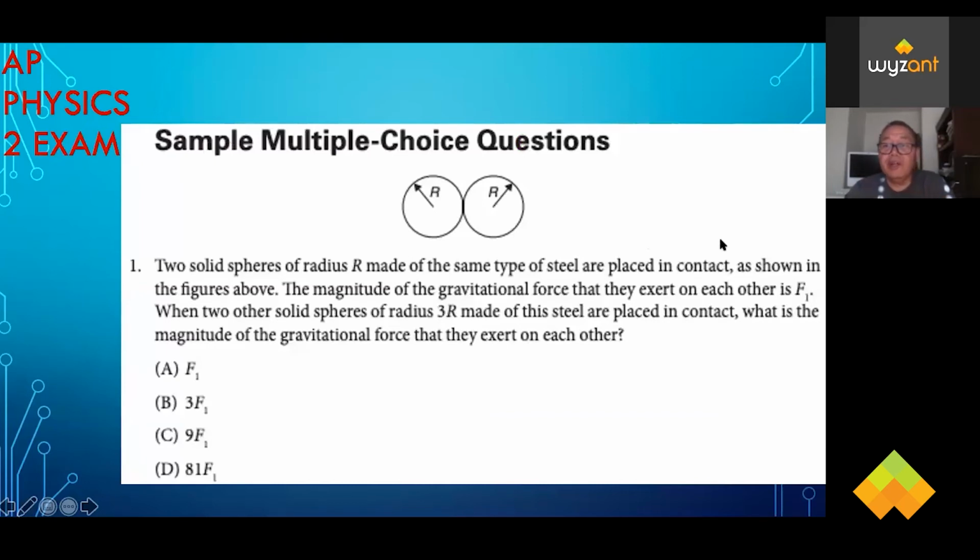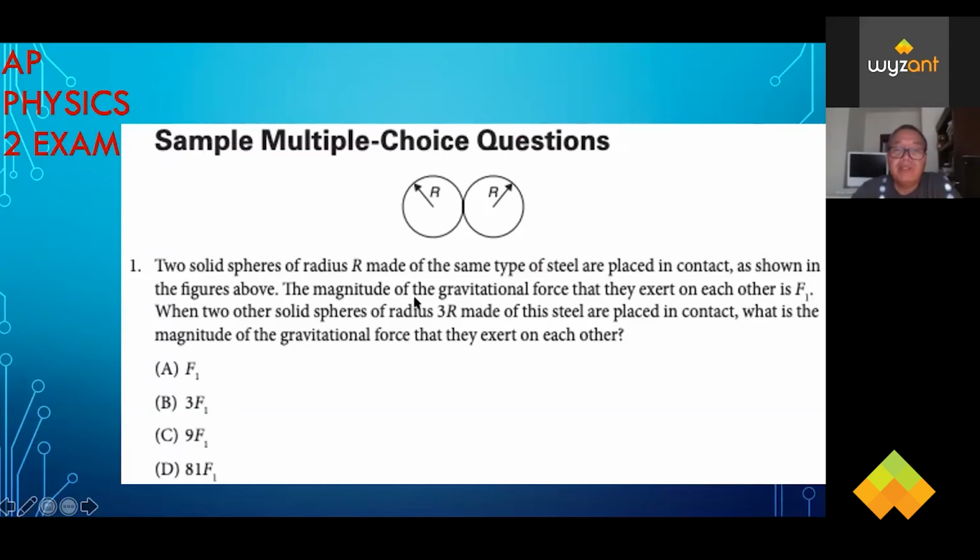So here is an example. It's a multiple choice question. This question gives you 2 solid spheres of radius r made of the same type of steel, placed in contact as shown in the figure above.